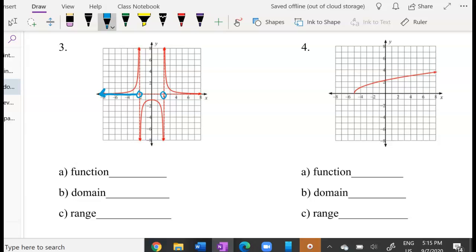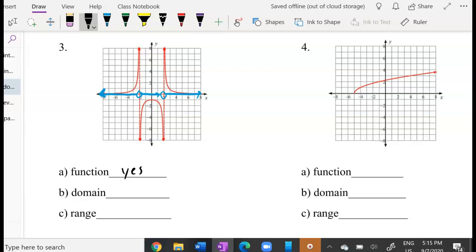So when we want to describe the domain, and by the way, I keep forgetting to do the function part. This is a function, so there's no vertical line that crosses more than 1 point. These vertical lines that are asymptotes don't cross any points, and anything to the left or right of them only crosses 1 point. So this is, in fact, a function. And the domain, we can see here that there's 3 different intervals.